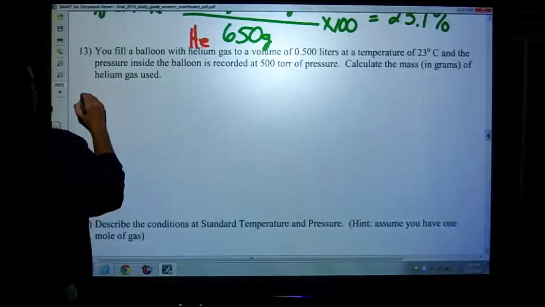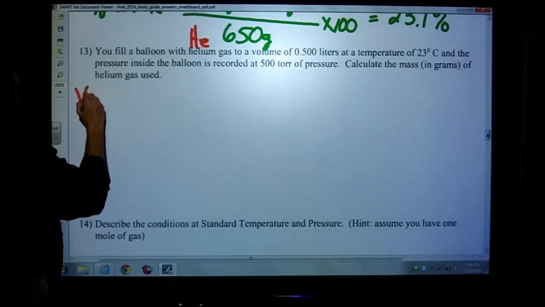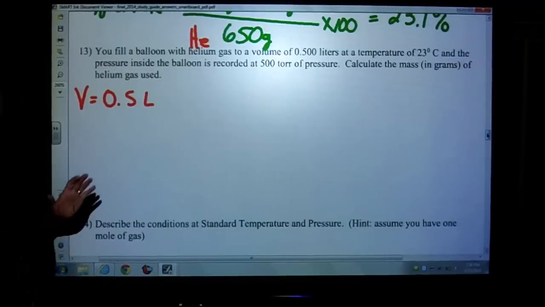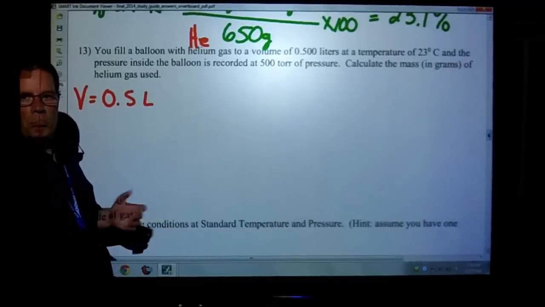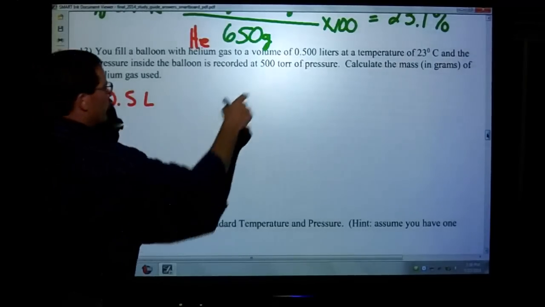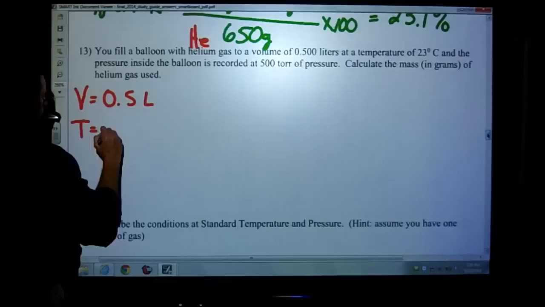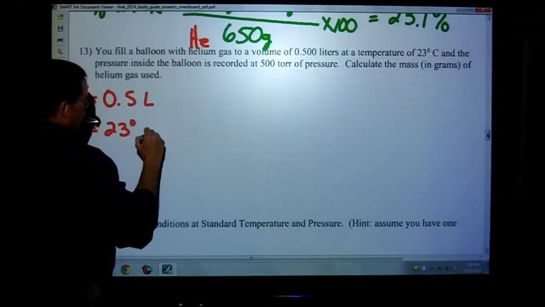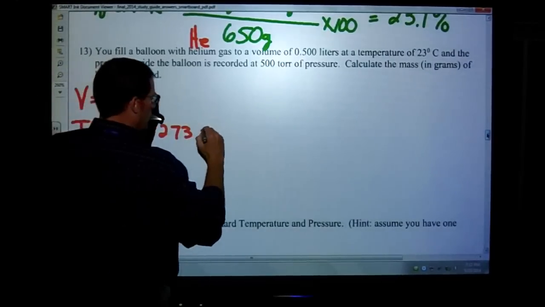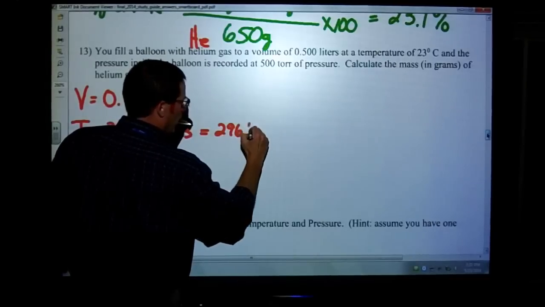So my volume is 0.5 liters, and I really like that value because that is in our ideal gas constant units. At a temperature of 23, not happy with that one. So let's add 273 to that, which is a very clean 296 Kelvin.